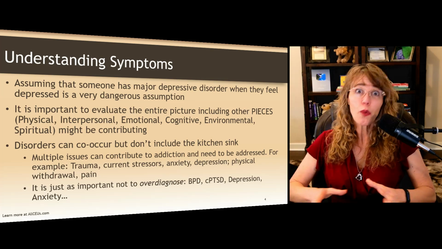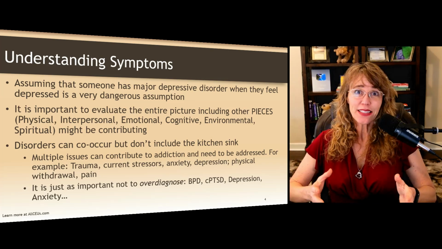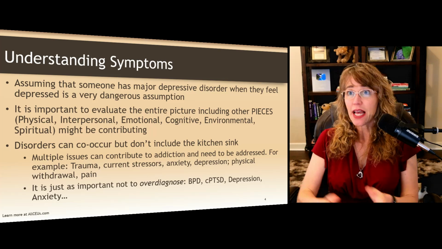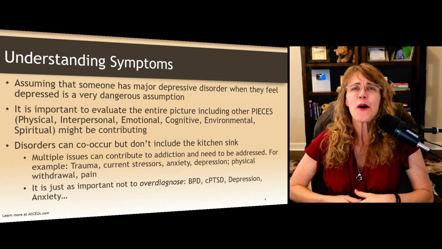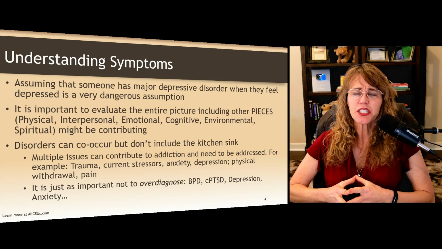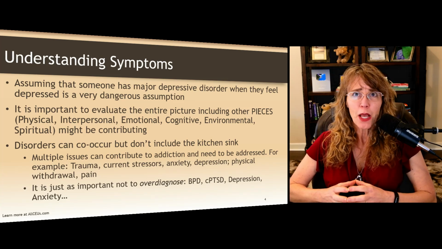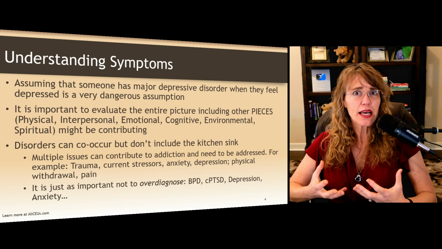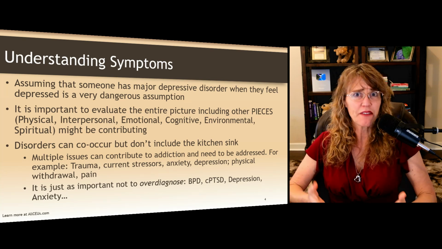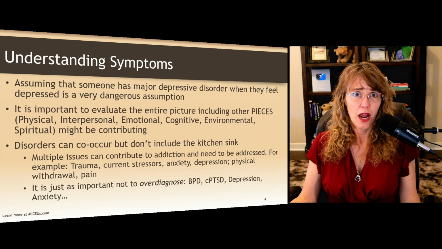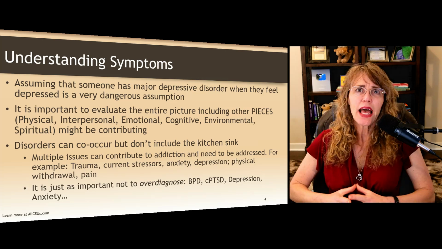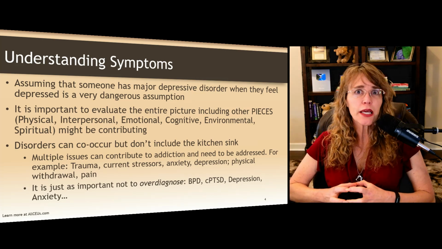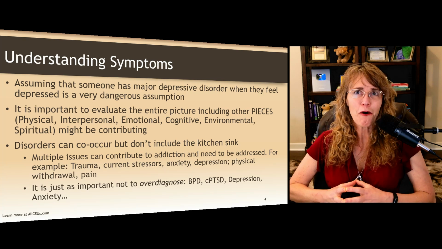Disorders can co-occur. There's no doubt about that. You can have addiction and major depression and even PTSD on top of that. But it's important not to throw the kitchen sink at people, because when people end up with 5, 6, 7 different diagnoses, how does that make them feel? I mean, in most cases, it makes them feel completely broken and powerless and overwhelmed.